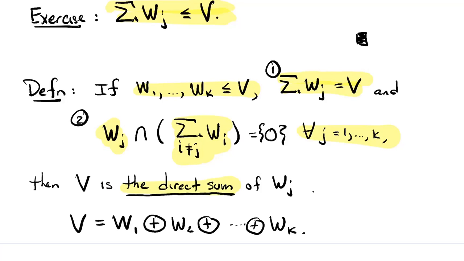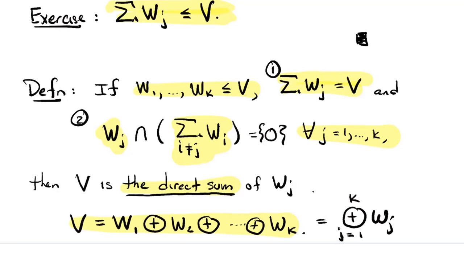The notation for it, because we've already used plus for sum, is this circle plus, called the direct sum notation. You can also write it in shorthand. I won't do it in this lecture, but you might see it in books. You can write it as the direct sum from 1 to k of the Wj's.